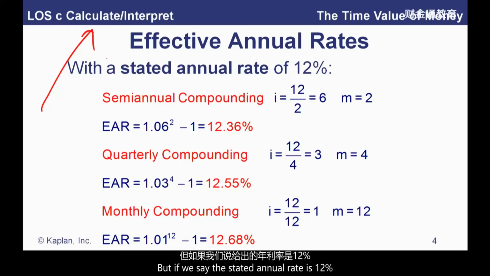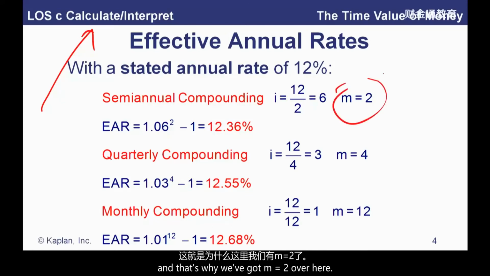But if we say the stated annual rate is 12%, but compounding is semi-annual, twice a year, and that's why we've got m equals 2 over here, the number of compounding periods, then we just divide that stated rate by 2. And what we're going to earn is 6% compounded every 6 months or twice a year.